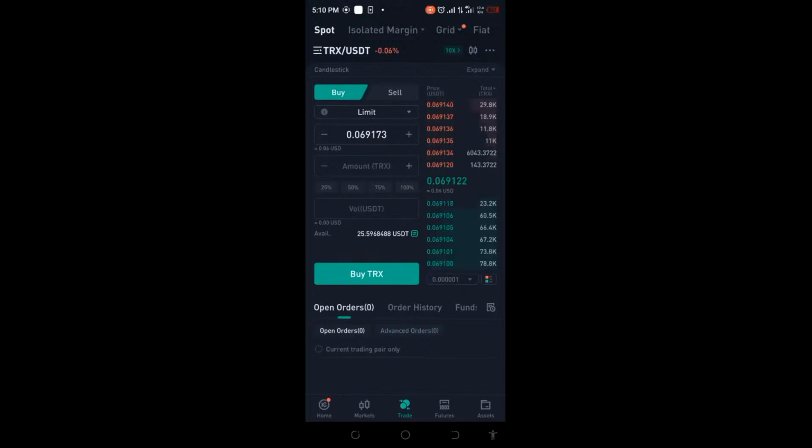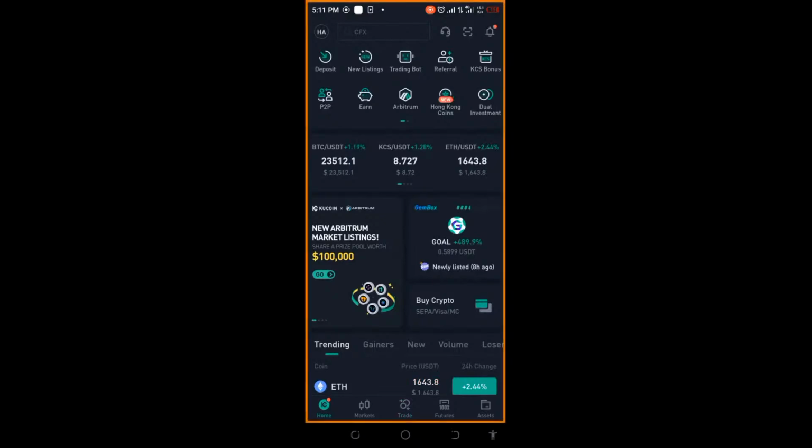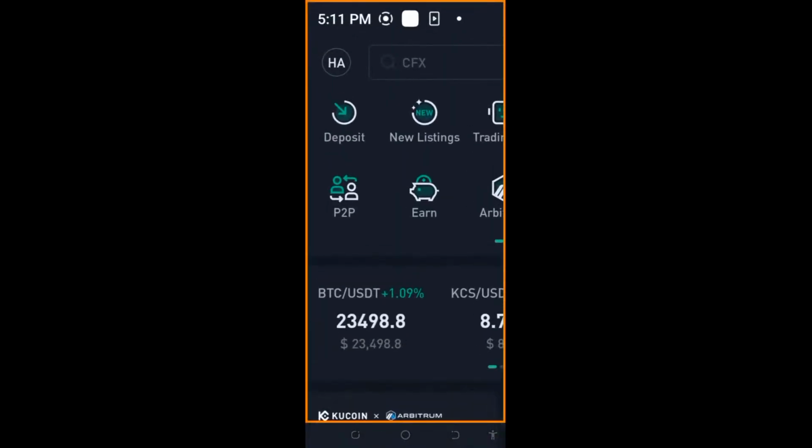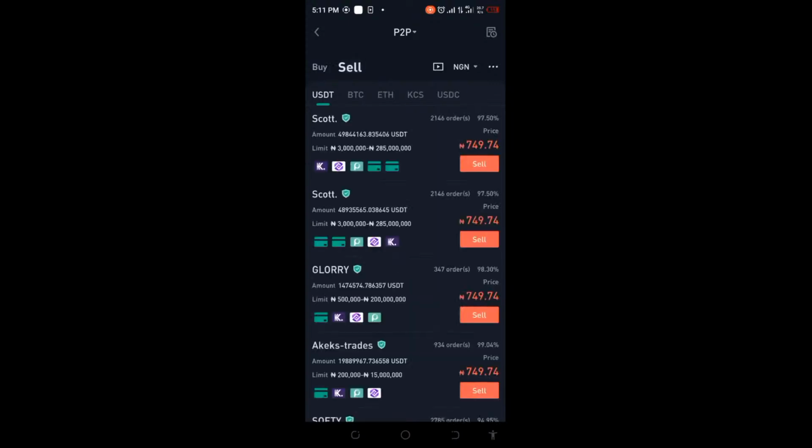Okay, so we're here to change this to TRX. Now, of course, there are two ways you can do this. You can actually decide to use the P2P. If we look here, you will see that KuCoin has P2P, right? So you can decide to withdraw your money by just selling it off. It's very, very possible.